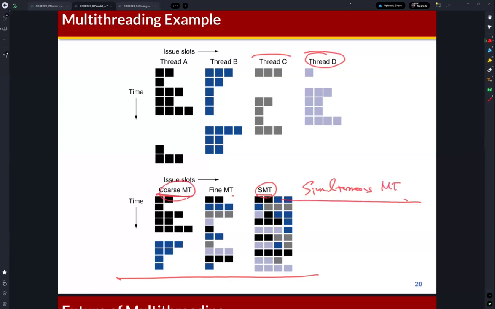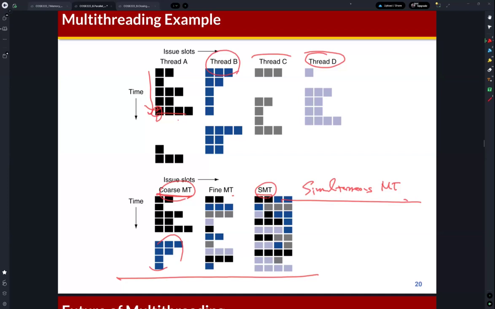Coarse-grained multi-threading is where the thread is changed when a thread encounters a cache miss. In this example, thread A is executed, but it encounters a cache miss at this point. In this case, thread B is executed.